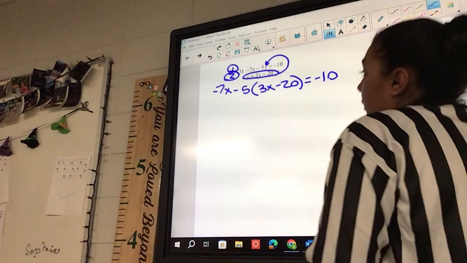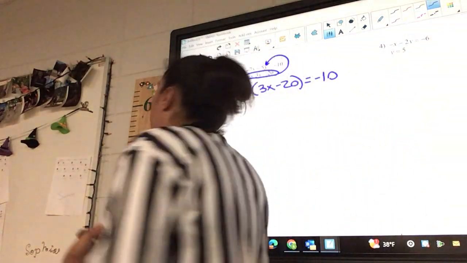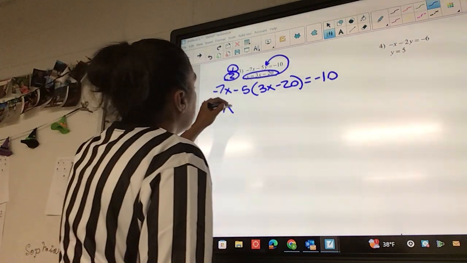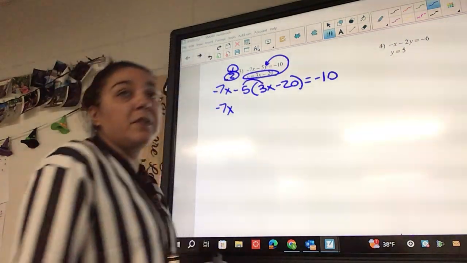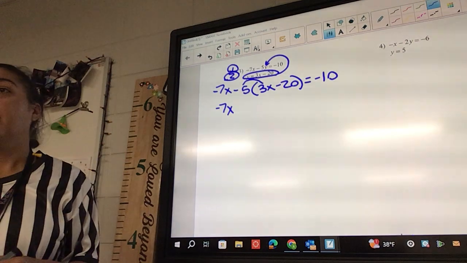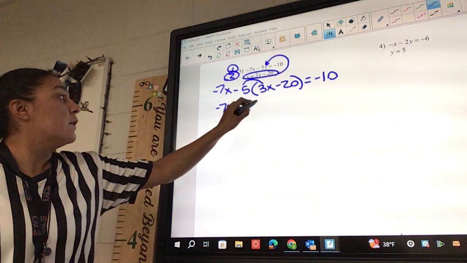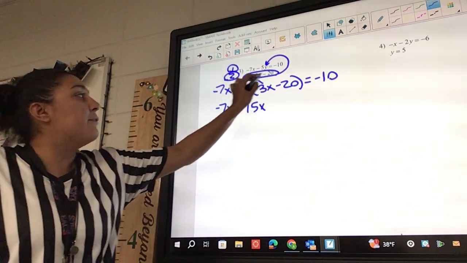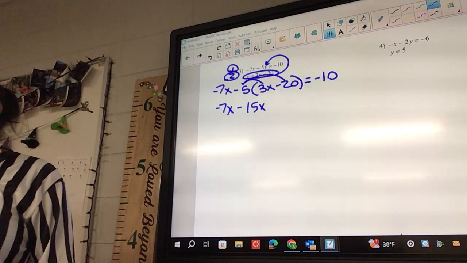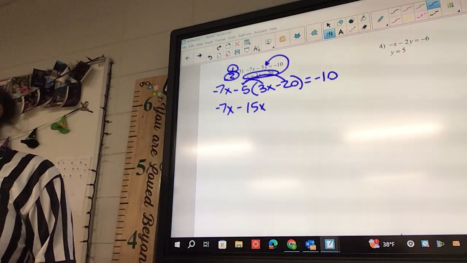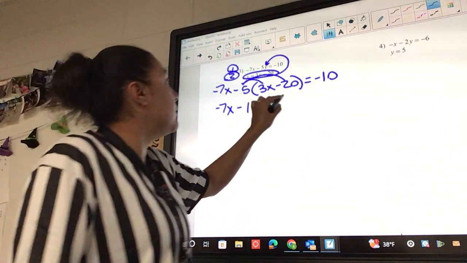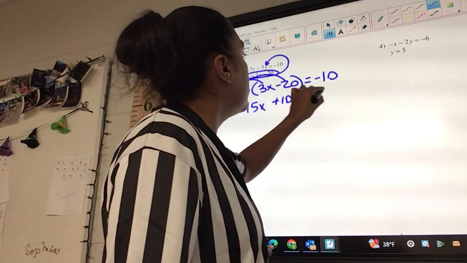Okay, now what do we do? Distribute. So I'm gonna get negative 7x. What is negative 5 times 3? Negative 15x. Negative 5 times a negative 20. A positive 100. Yep. Equals negative 10.